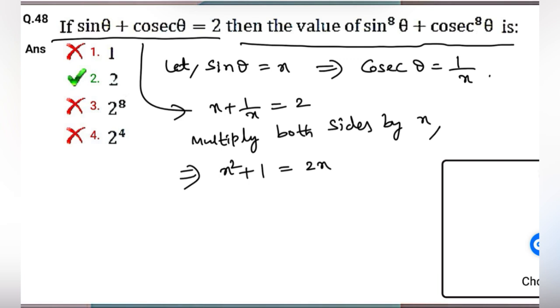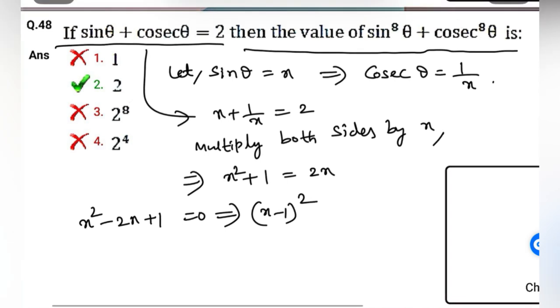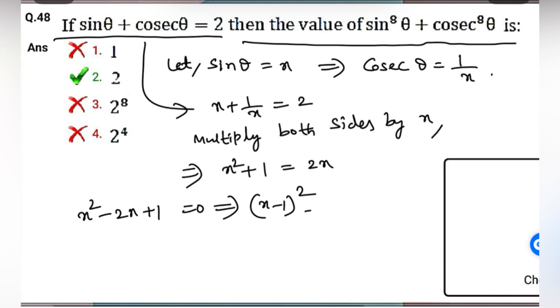Let's rearrange this into x square minus 2x plus 1 is equal to 0, which implies x minus 1 whole square, because it is in the form of a square plus b square minus 2ab. So we can write it as x minus 1 whole square is equal to 0. That implies x minus 1 is equal to 0 and x is equal to 1.